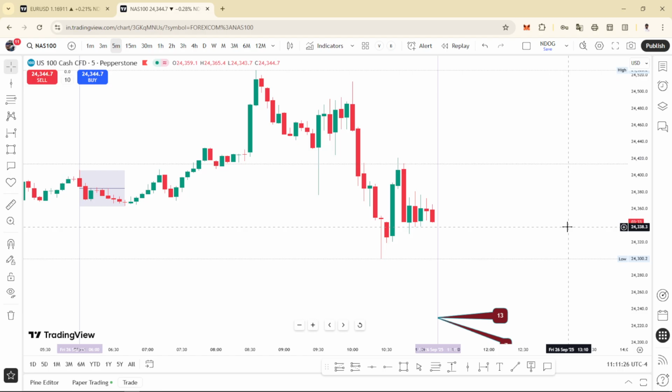Okay, so push lower. We're heading towards the time when this candle is expected to give us its real color.